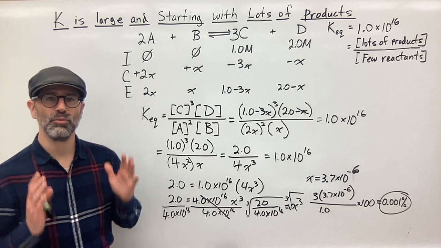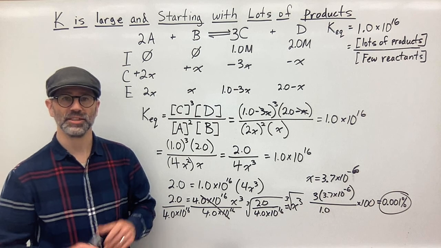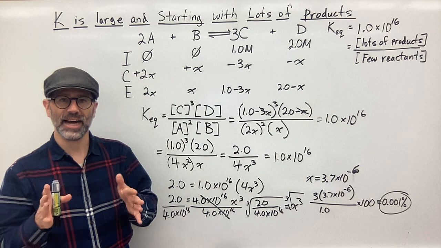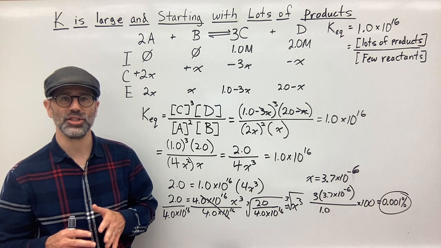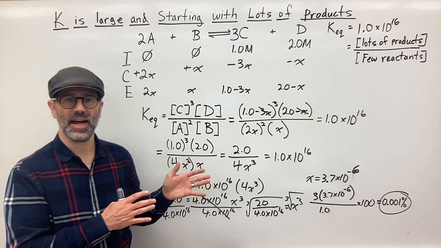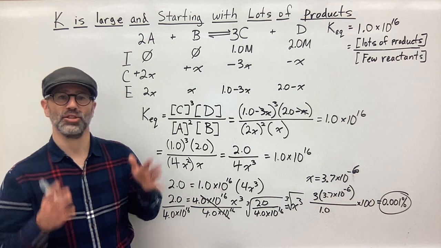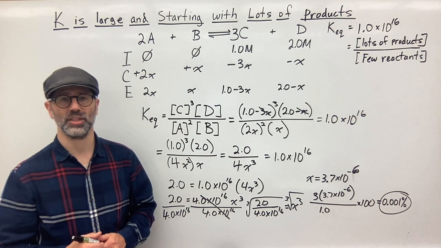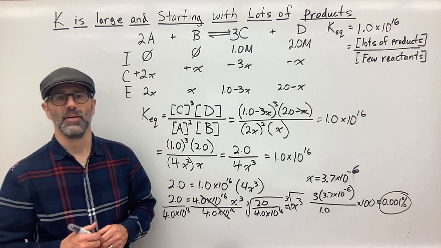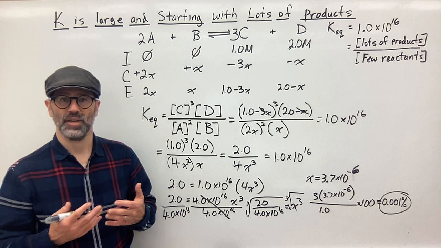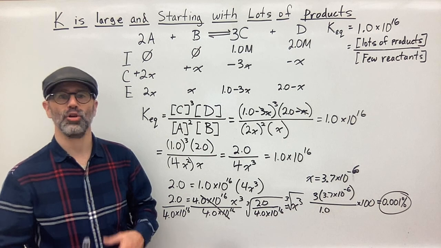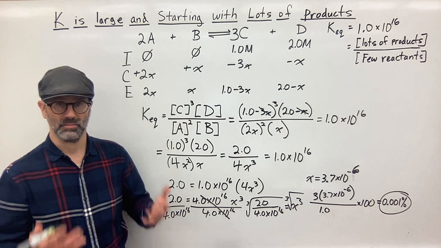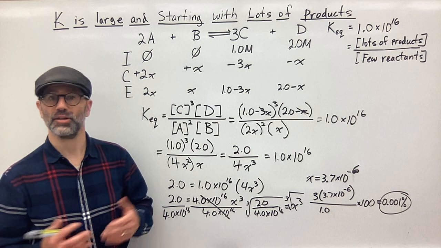And again, the rule of thumb that you want to follow is if your reaction is shifting in the direction of the unfavored side, then it's a good chance you can just do your ICE table, ignore x, and get a simplified calculation to find what the change is and go from there. Remember that if you're neglecting x or assuming x is small, you always have to do a 5% rule to double check to make sure it's valid. But in some cases, it's clear that it's valid.